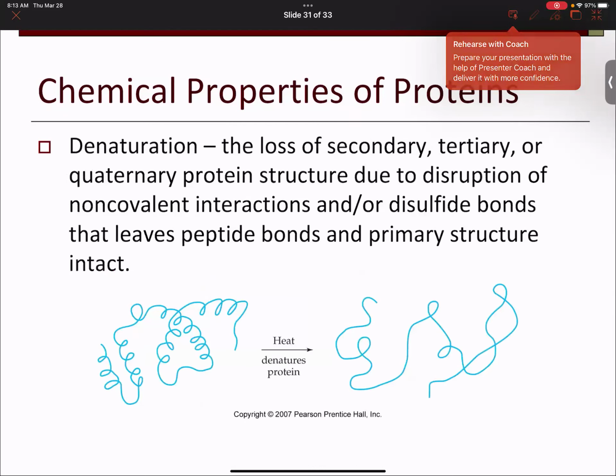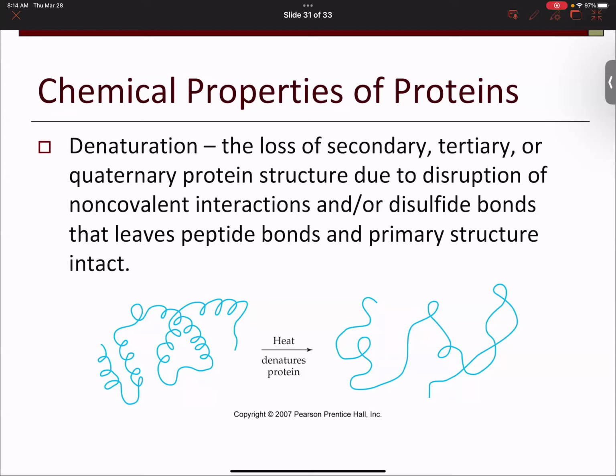Okay. So there are other ways that we can destroy proteins. We talked about one of those ways, which is hydrolysis, where we're breaking some amide bonds.